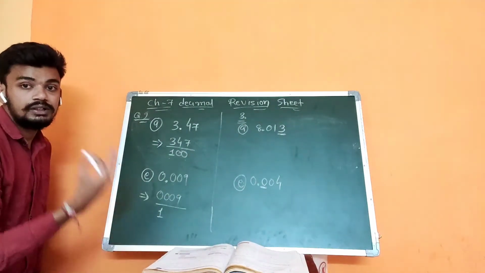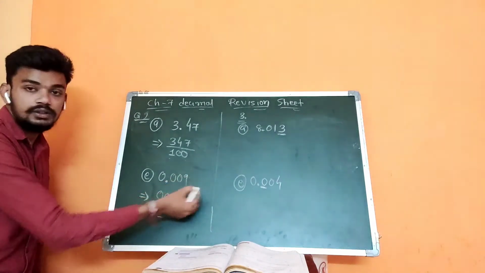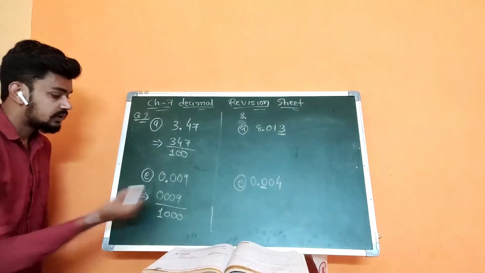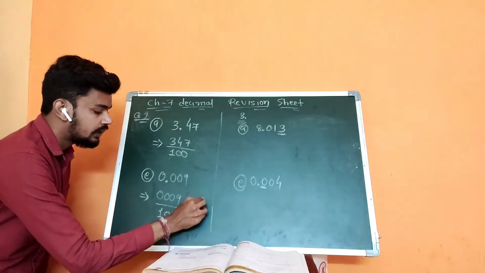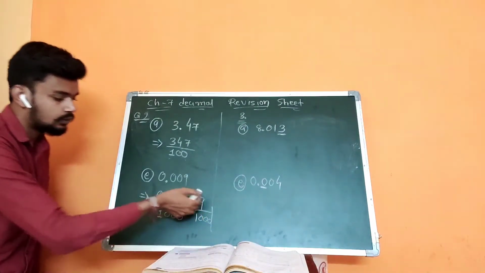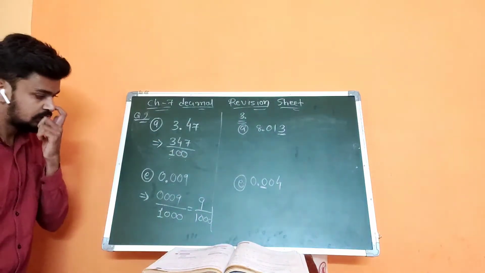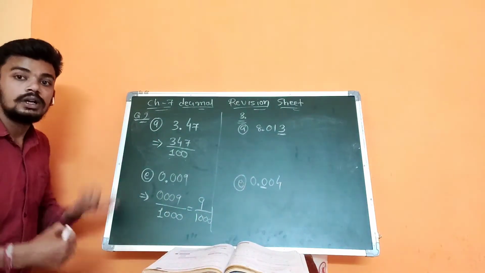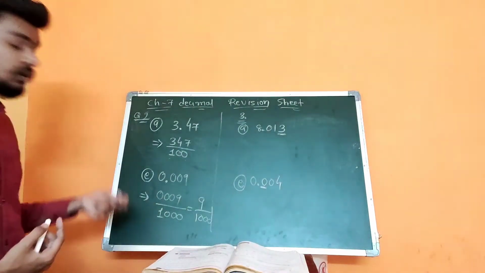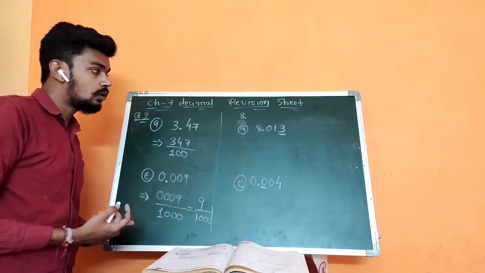Over here we counted 3 digits, 1, 2 and 3, so we put 3 zeros. We can write that answer as 9 by 1000. No need to write the 0 now, because there is no decimal point. Understand? Remaining questions you have to do in the homework.